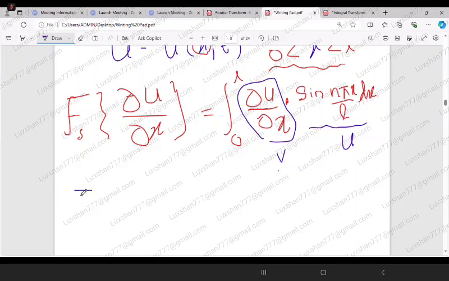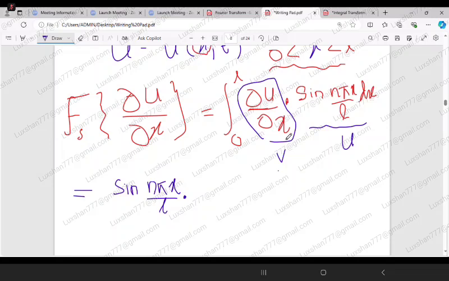I write my u function as it is, sine(nπx/L), into the integration of the v function.